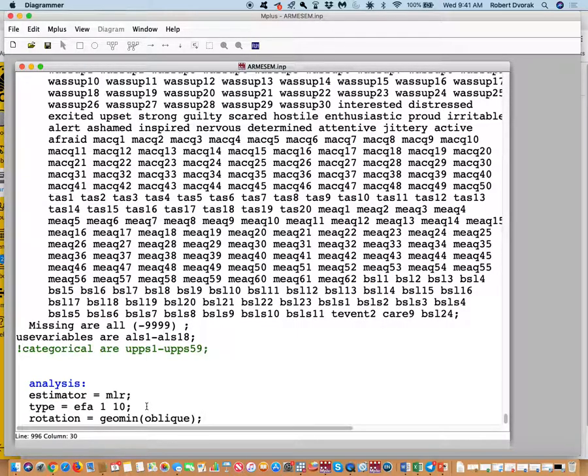That's 180. Plus another 18 is 198, correct? So if we do our k times k plus 1 divided by 2, we have 18 times 19 divided by 2. What's 18 times 19? 342. Divided by 2, 171.